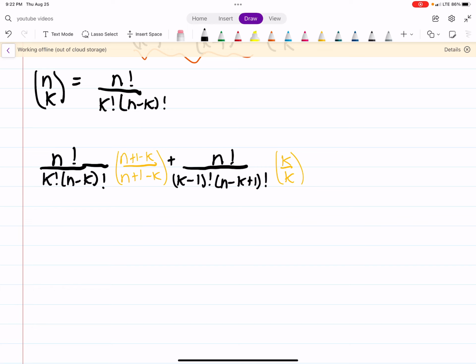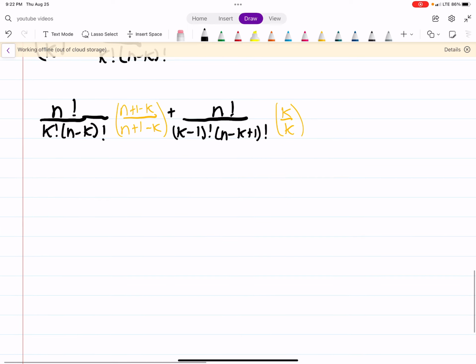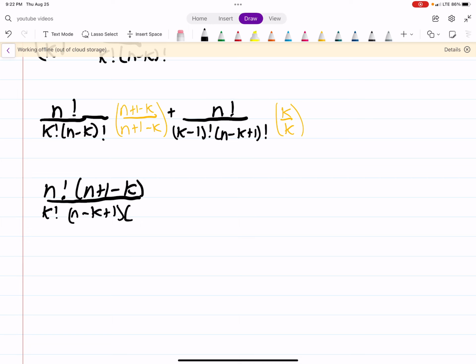But why are we multiplying that by that? That seems a little bit random. Well, it actually cleans up quite nicely. So I'm just going to write this down. And I'll show you, and it's kind of cool. Okay, so there's that first part.